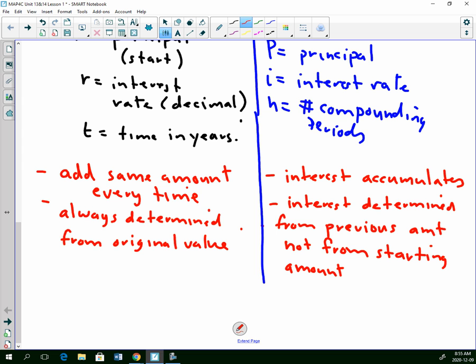Generally when you have a bank account and savings, you're going to get compound interest. Interest is added onto the interest. That's why they call it interest on top of interest.